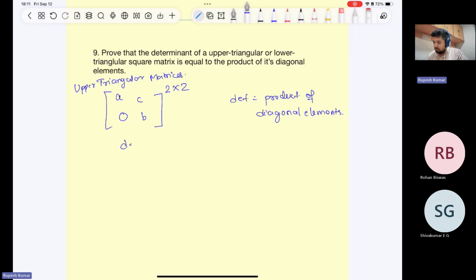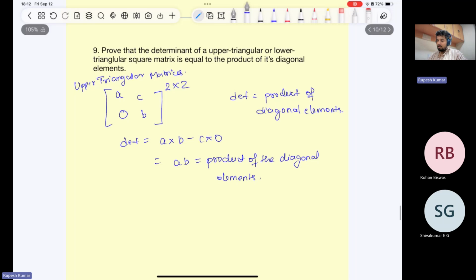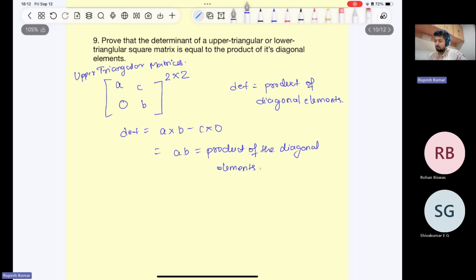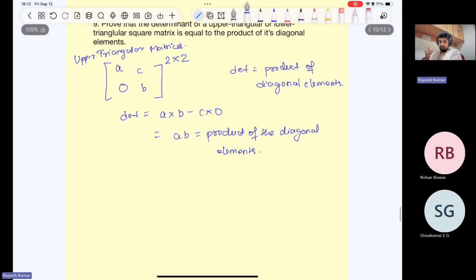So determinant is equal to A into B minus A into 0, which is equal to A into B, and this is the product of the diagonal elements. Now I have proven it for the base case, which is 2 cross 2, right?